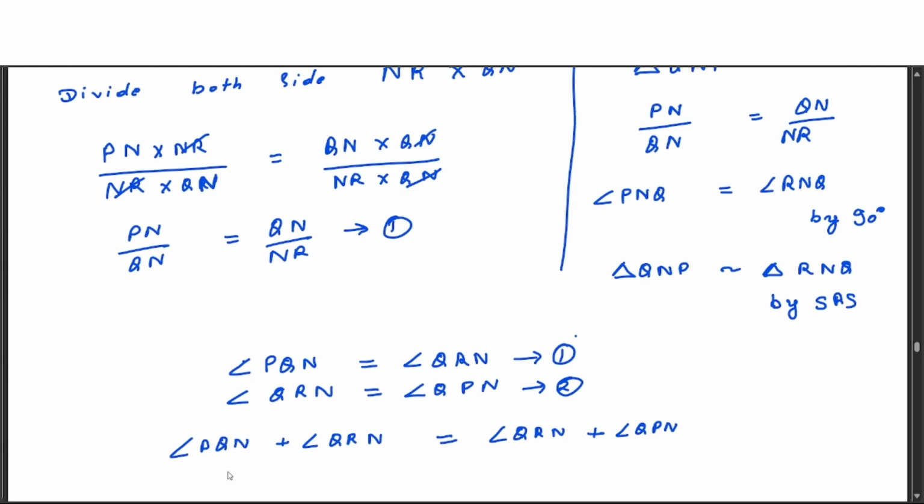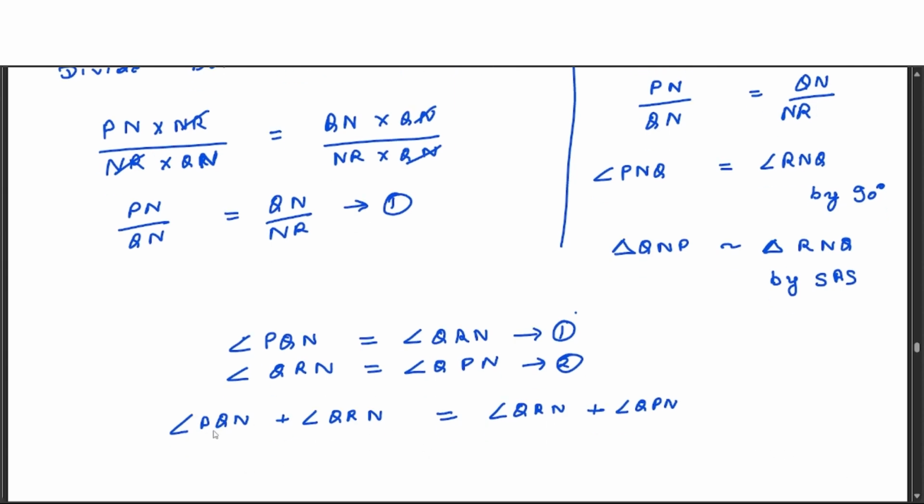So you can see here angle PQN and angle QRN, we can say this one is equal to angle PQR is equal to angle QRN plus angle QPN. So this is your equation 3.